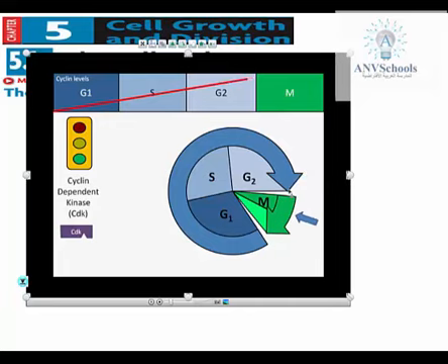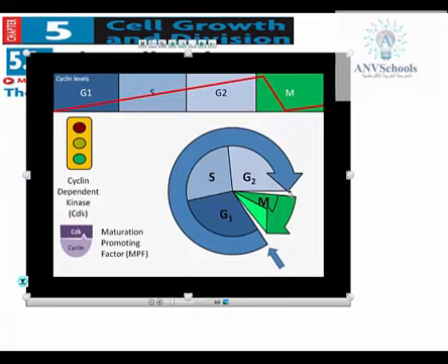So depending on the conditions of the cell, if the conditions are good, then the cell will divide. But if conditions are not good, like if the DNA wasn't replicated, then this will be stopped.